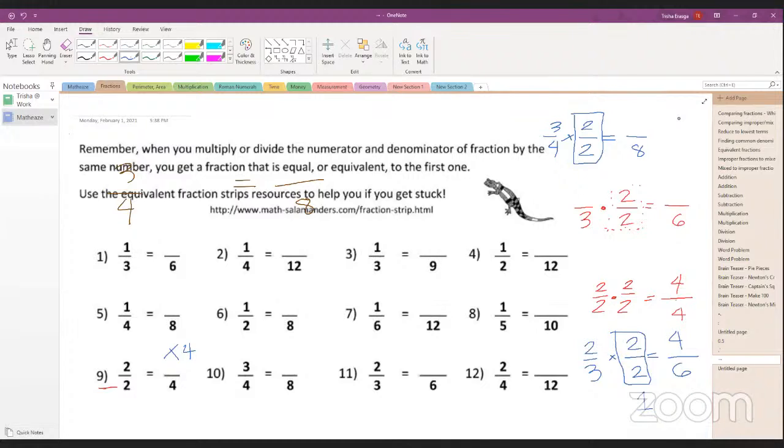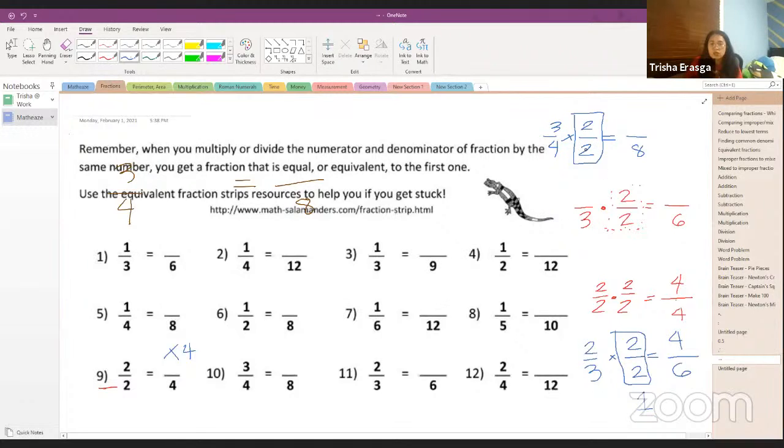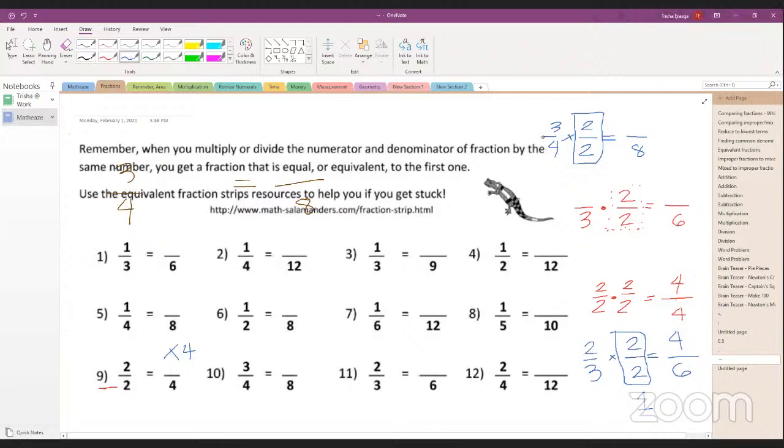If you don't know this 2, you could do 4 times 2 equals 8. No, this 4, and then you go across if you want to. Which number are we doing? The 4, 3, you know, 3 fourths.